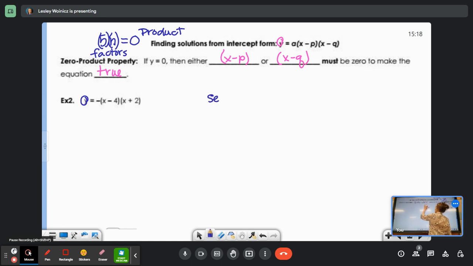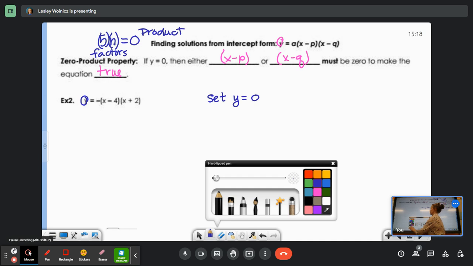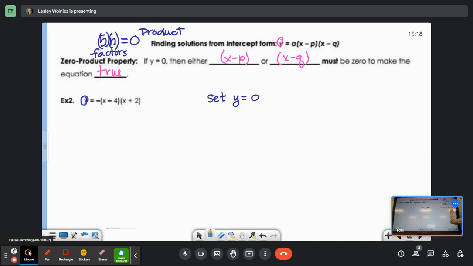All right, so our steps when we solve are number 1, make the y 0. Set y equal to 0. Step 2, set the factors equal to 0. So we have 3 factors. First factor is the -1, that's the a value. Second factor is the x minus 4.